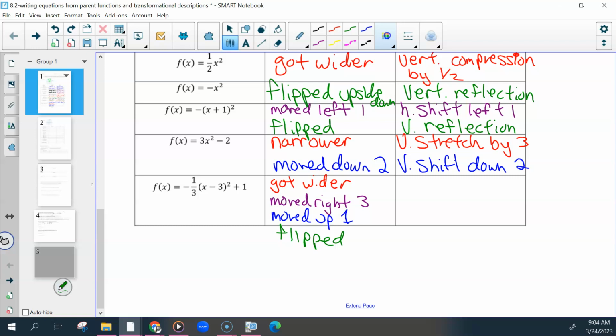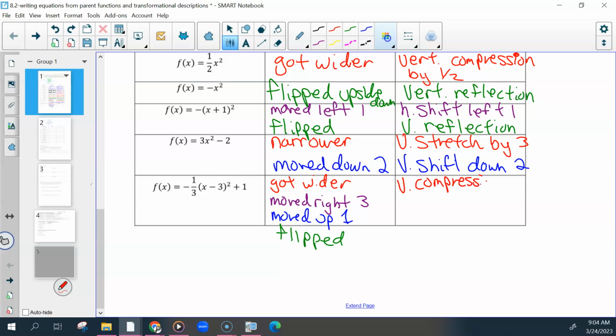So then let's write the rules for each of those. For the got wider, what would that be? Not stretch. Not shift. Shift is always moving. Stretch is when it gets narrower. So compression.